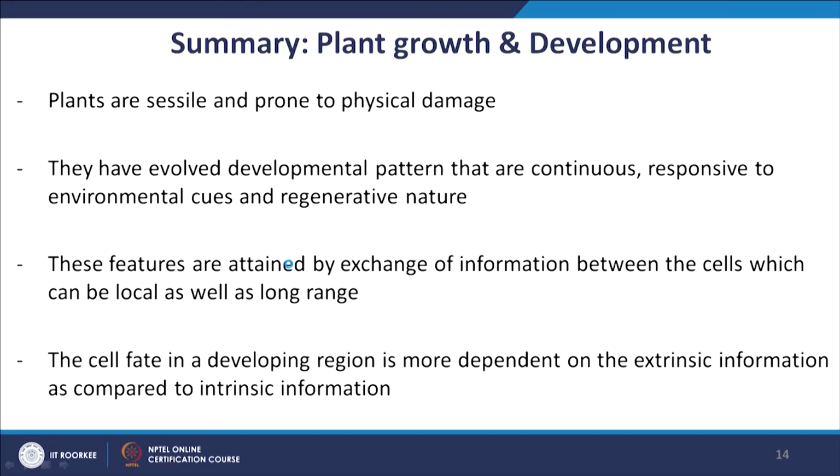These features are attained mostly by exchange of information between cells, which can be local as well as long range, and the cell fate in the developing region depends more on positional cues as compared to lineage information.